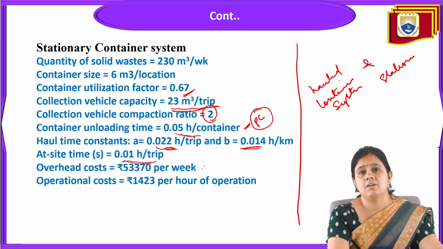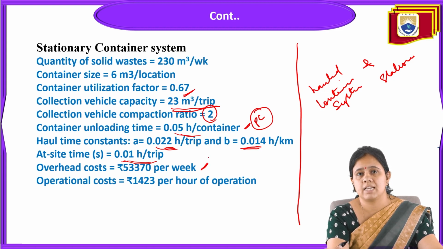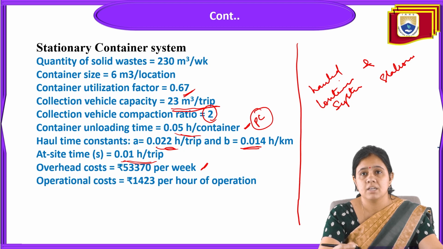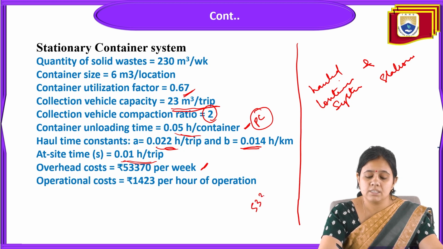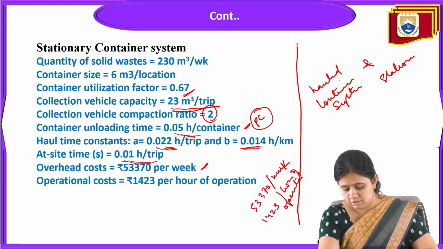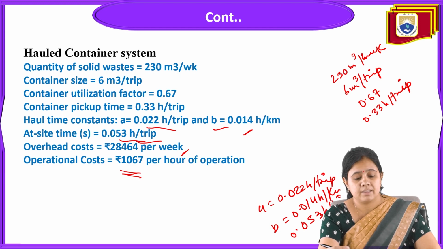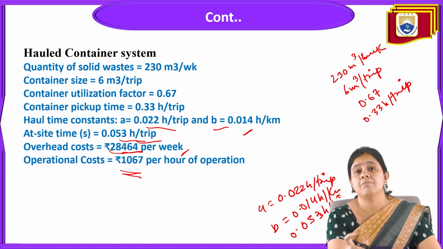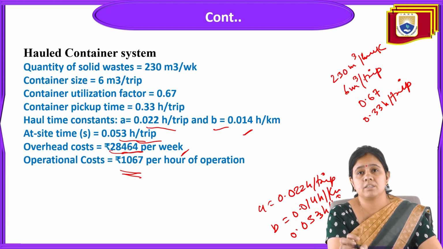The overhead cost is 53,370 per week, and the operational cost is 1,423 per hour of operation. In the first one, the haul container system, the per-week overhead cost is only 28,000 and the operational cost is only 1,000 rupees.